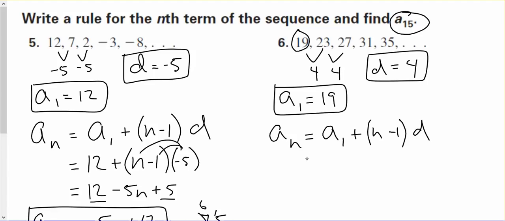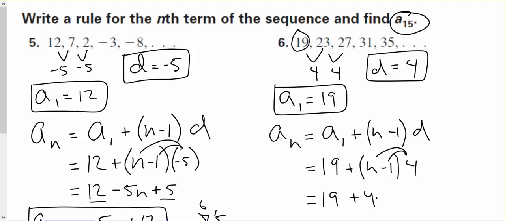Then from here, what is my first term? 19 plus n minus 1 times 4. I don't put this 4 in parentheses because it's positive. We multiply, we get 19 plus 4n minus 4.